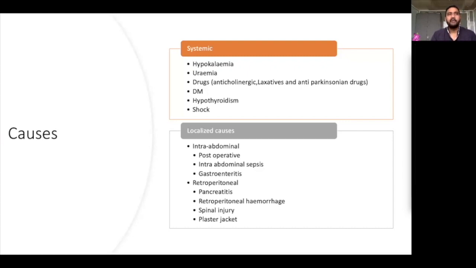For example, a ruptured appendix, a perforated peptic ulcer, or even cholecystitis. All these intra-abdominal sepsis can cause a localized or a generalized paralytic ileus.